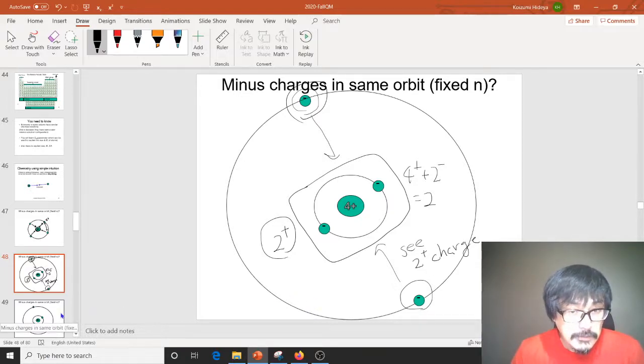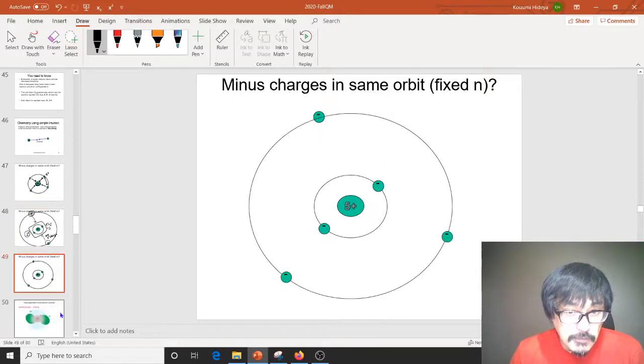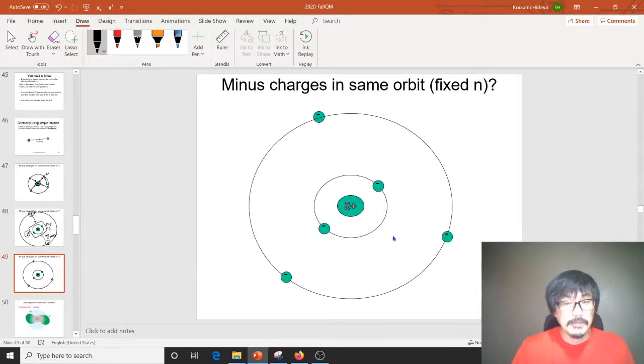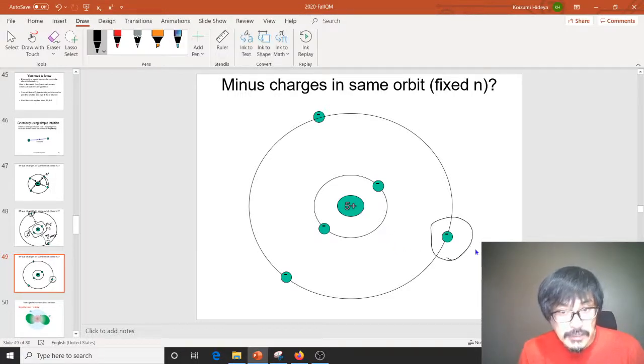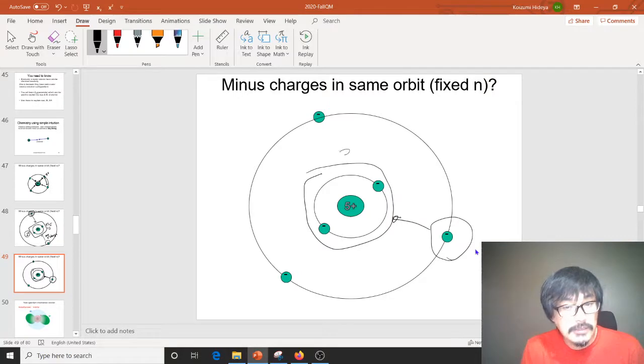Now let's do a little bit more interesting case. If you put one extra positive charge in the middle and one extra negative charge at the outer orbit, then what's going to happen is that each one of these outer orbit charges sees this whole thing as having a 3 plus charge.